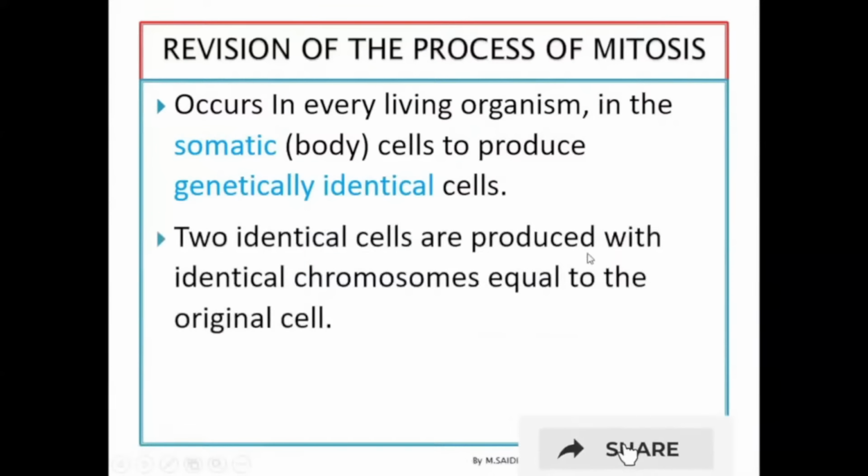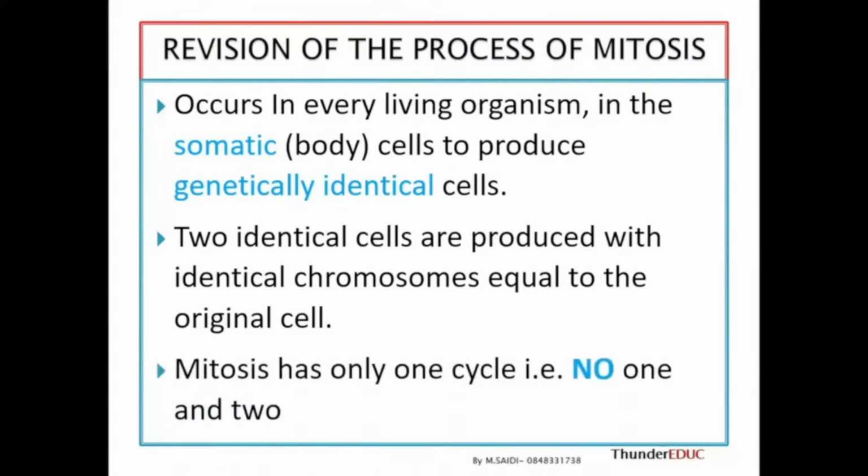So two identical cells are produced with a chromosome number equal to the original cell. It means that the parent and the daughter cells are exactly the same. There is no difference. That's why when you get a wound, new flesh develops, and those cells which develop are exactly the same.